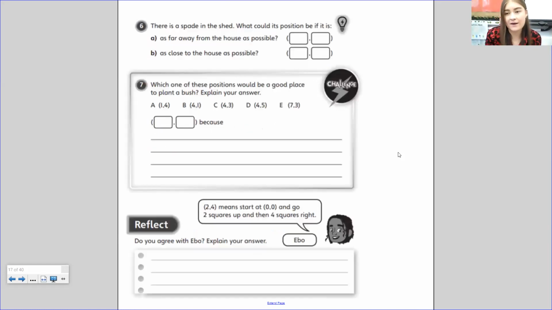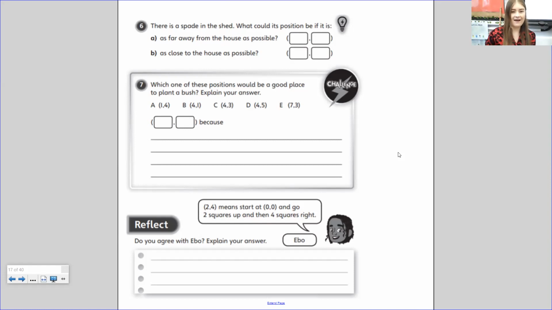Now, challenge, remember, if you find it tricky, you can ask us for help, but if not, don't worry because it is the challenge, okay? So, which of these positions would be a good place to plant a bush? 1, 4, 4, 1, 4, 3, 5, or 7, 3? So the strategy I would use is, I would look at all of those places first of all.